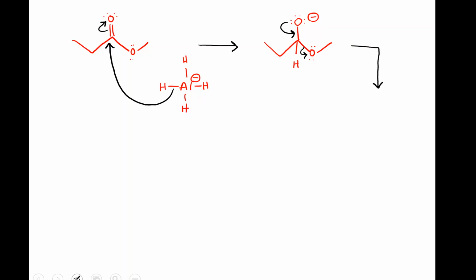It's not considered the best leaving group, but it's suitable to leave in this particular reaction. After we kick that out, we've produced an aldehyde, which is an intermediate in this reaction, and we've also produced the alkoxide, which is methoxide in this case.